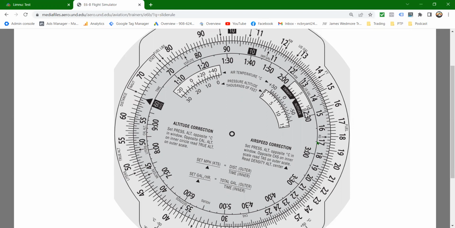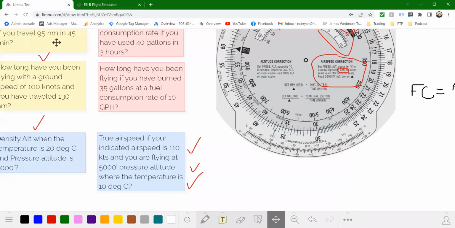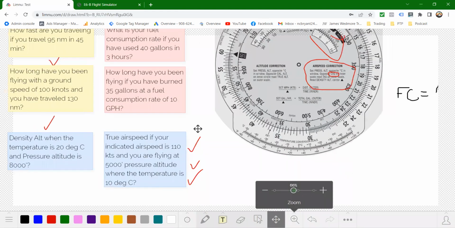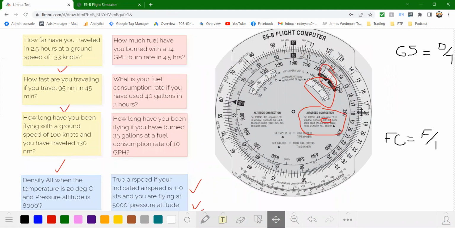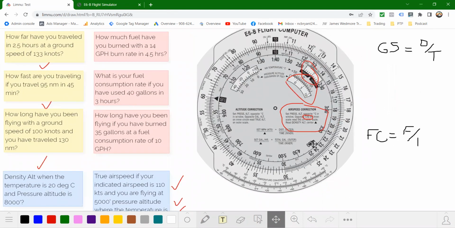All righty. So any questions? That's all the examples I wanted to get through. I know it was a lot, and it was tedious, and a lot of them were the same, but I wanted to make sure that we were all clear on what this computer is doing, and hopefully it makes more sense now.